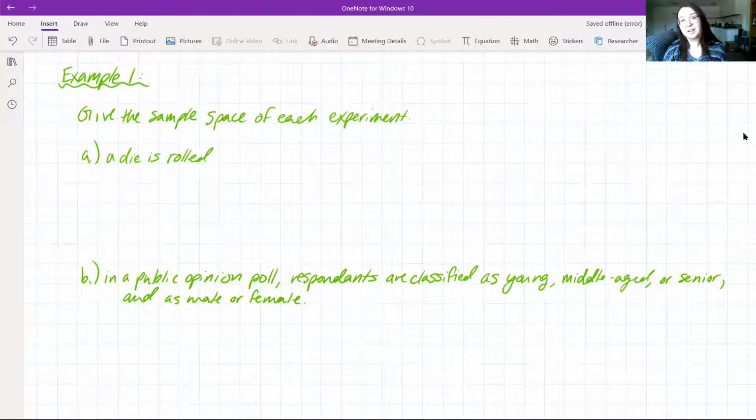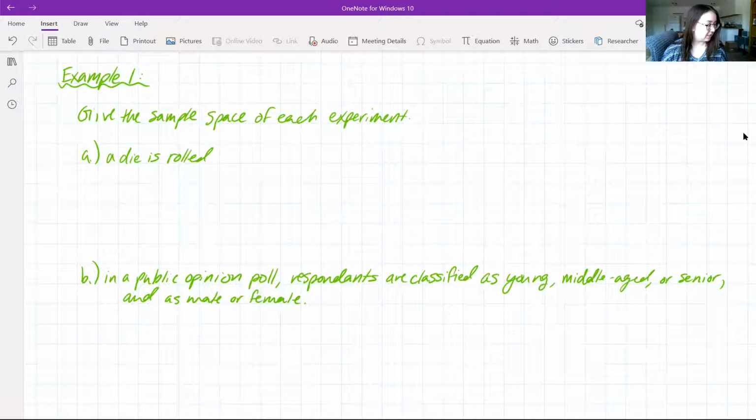A die has 6 sides, numbered from 1 through 6. We can roll this die 100 times, or 100 trials, but the only options we're ever going to get are a 1, 2, 3, 4, 5, or a 6.